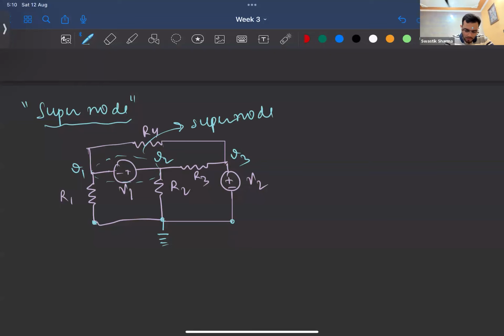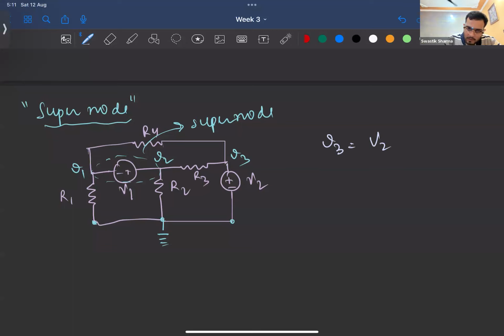So in a supernode, it's better if we solve it using an example, right? But let's continue with what we are doing. We know simply that V3 is nothing but capital V2 volts because it's connected directly at that terminal.